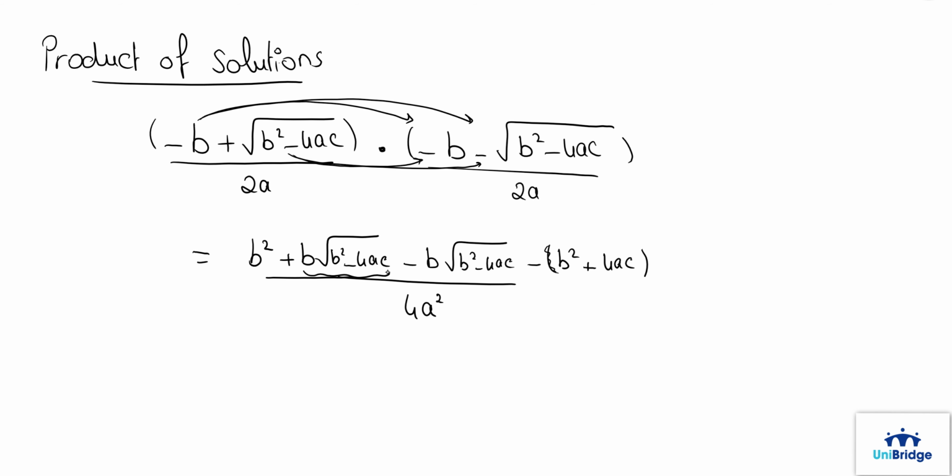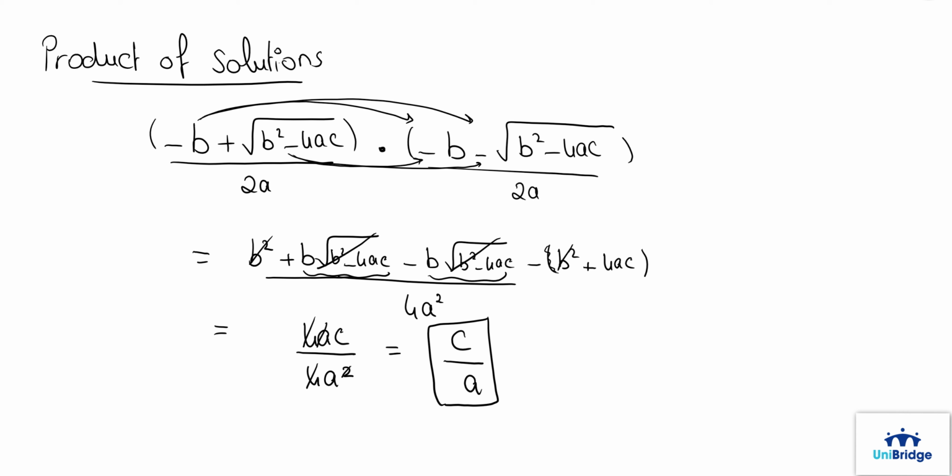Positive b times the root and negative b times the root cancel out. b squared and negative b squared cancel out. So you're just going to end up with 4ac over 4a squared. But also the 4 cancels the 4, and the a cancels the square. So this is what I want you to know: the product of solutions is simply c over a.